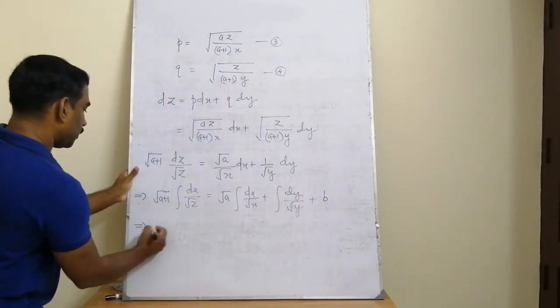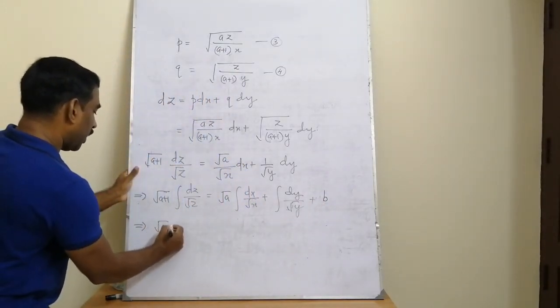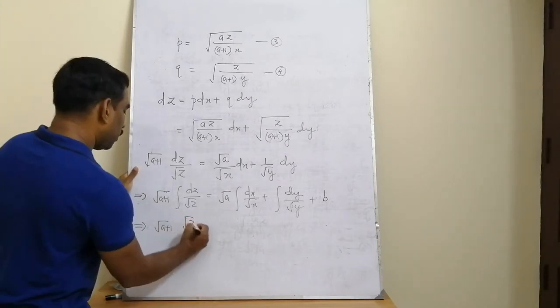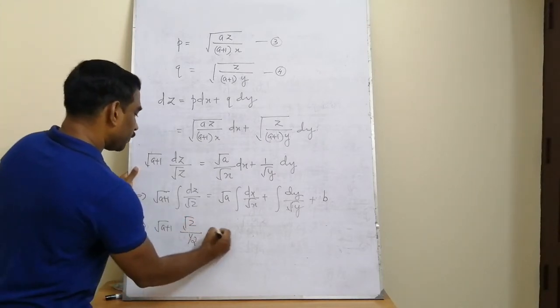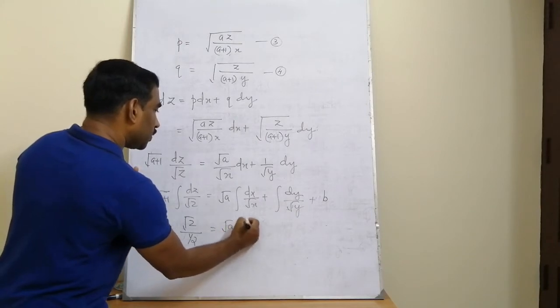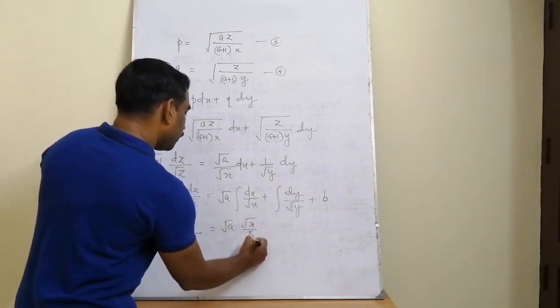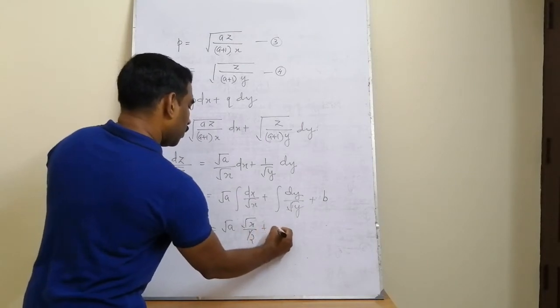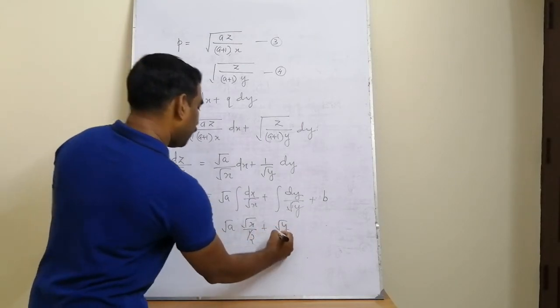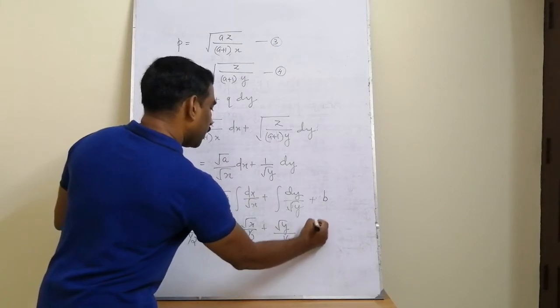So that implies square root of (a plus 1) into root z by 1 by 2 is equal to root a into root x divided by 1 by 2 plus root y divided by 1 by 2, plus b.